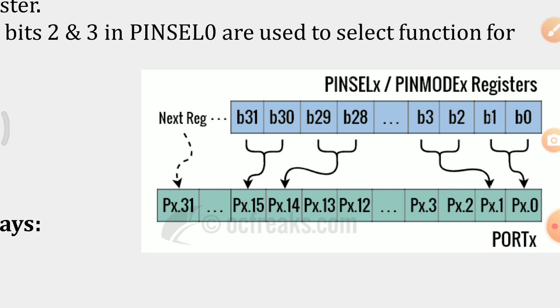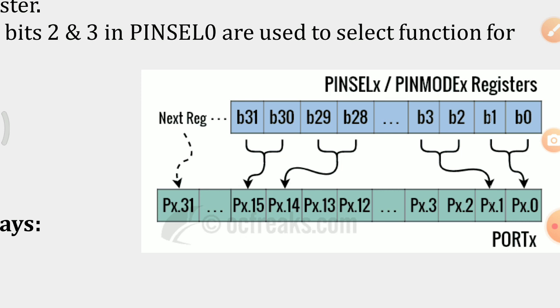Port 0, pin select 0 and pin select 1. Port 1, pin select 2 and 3. Port 2, pin select 4 and 5. Port 3, pin select 6 and 7. And port 4, pin select 8 and pin select 9.